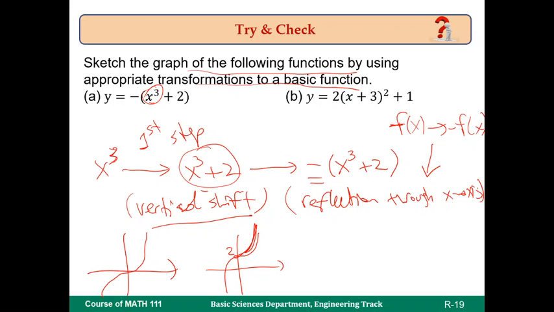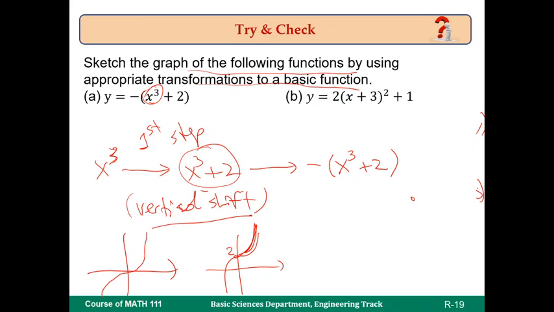Now we reflect the second graph through the x-axis. When you reflect it through the x-axis, this part will be like that, and this part will be like that. So the graph will look like this.